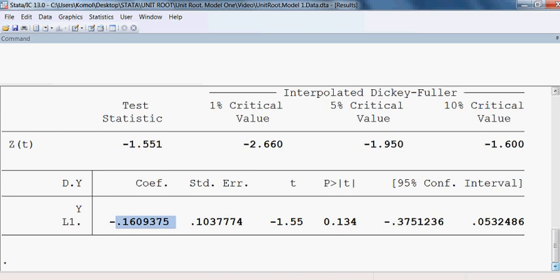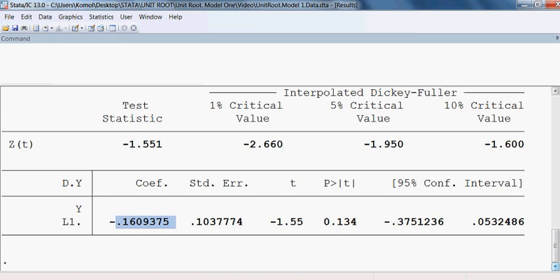Okay, so what we have done here, we have checked 3 Dickey-Fuller models. The first model had only intercept, the second model has intercept and trend, and the third model has no trend and no intercept.